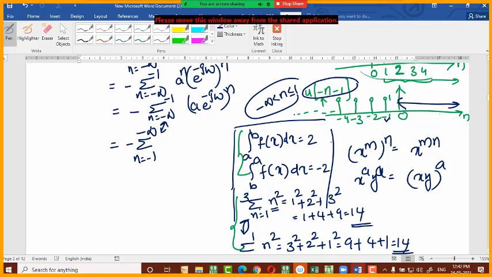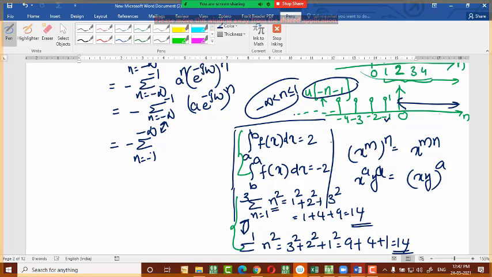Whether I am adding from 1 to 3 or 3 to 1, I will get the same answer. So I can write like this. Actually I need not write like that also. Instead of substituting from the lower limit, I can substitute from the upper limit only. But for your convenience, I am writing this step. Without changing anything, how can I change the limits? In the discrete summation I can change like this, whether I am adding from 1 to 10 or 10 to 1, I will get the same answer.